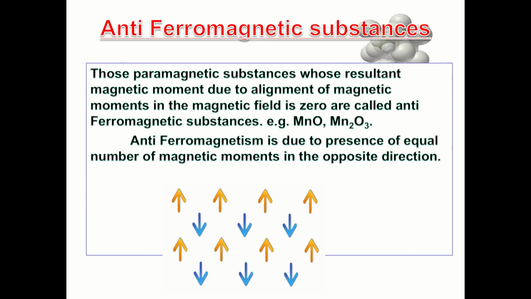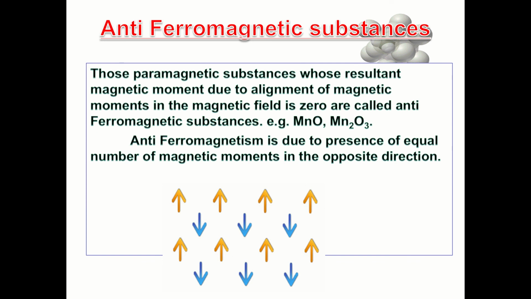You can see in this figure that the magnetic moments of some of the electrons are in the upward direction, let us say in the clockwise direction, whereas the magnetic moments of some other electrons, shown in blue, are pointing downwards, say in the anti-parallel direction or anti-clockwise direction.